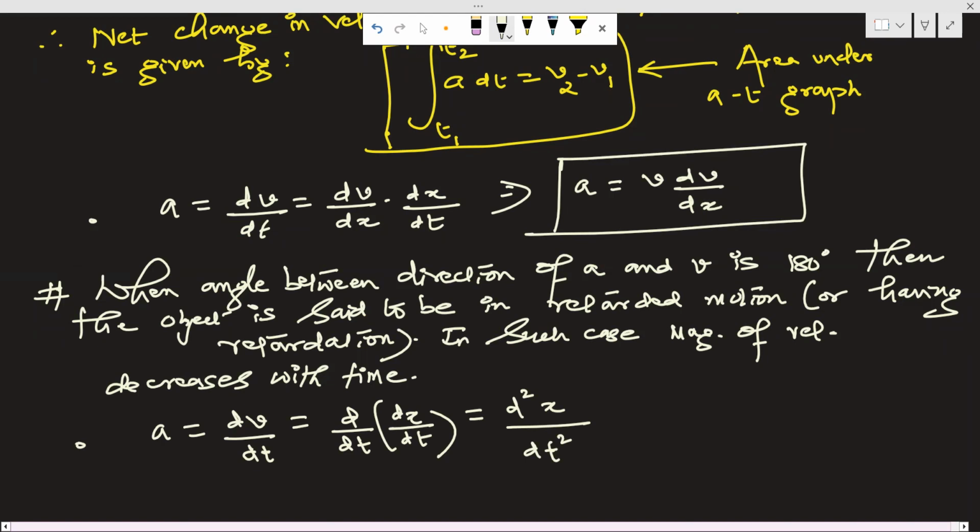मतलब अगर मुझे x से a निकालना है तो दो बार derivative करना पड़ेगा. एक बार derivative निकालने के बाद जो result आया फिर से उसका derivative करना पड़ेगा. Then only we will get the acceleration. Is that clear? Yes, sir.